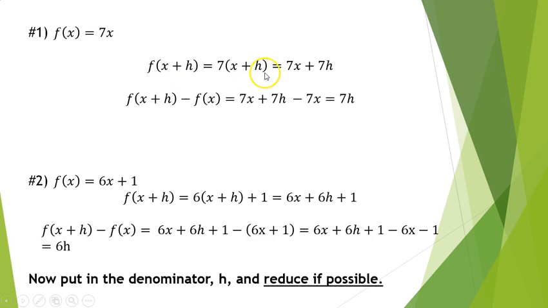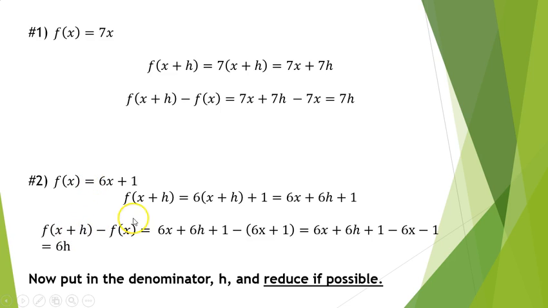We calculated f of x plus h, and now we're going to subtract f of x off of that. So here's f of x plus h. We subtract 7x. Notice we have a plus 7x and a minus 7x, so that cancels, and we're left with 7h for the numerator.